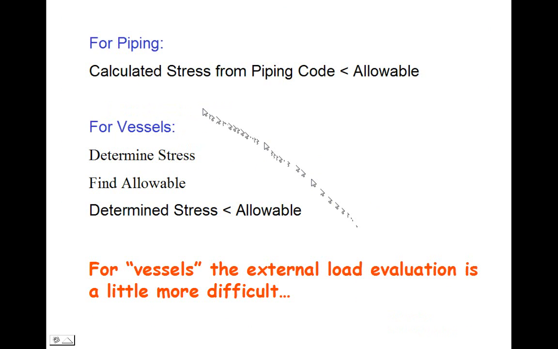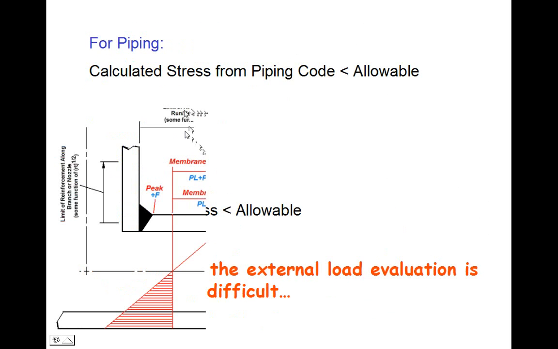So for piping, to evaluate external loads, it's a relatively simple matter because we calculate the stress, or at least our pipe stress program usually calculates the stress, and then compares it to an allowable. All of this is done behind the scenes. For vessels, it's oftentimes a little bit more difficult because we have to determine the stress, we have to make sure we have our right allowable, then we have to make sure that the determined stress is less than the allowable.